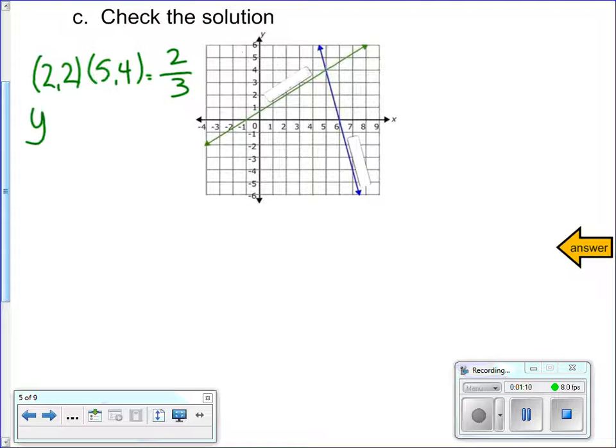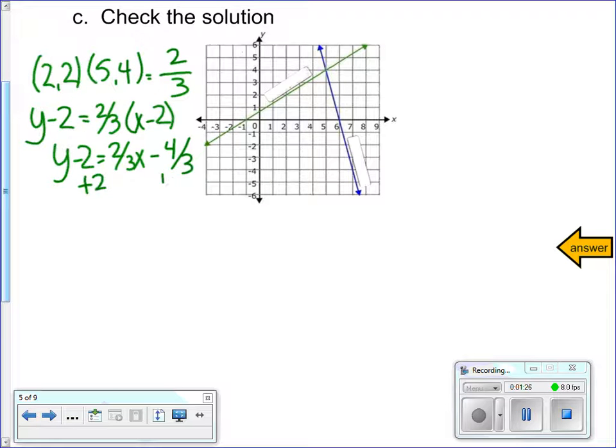So I'm going to write in point slope form, y minus 2 equals 2/3 times x minus 2. Y minus 2 equals 2/3 x minus 4/3. Add 2 to both sides, and I get y is equal to 2/3 x plus 2/3.